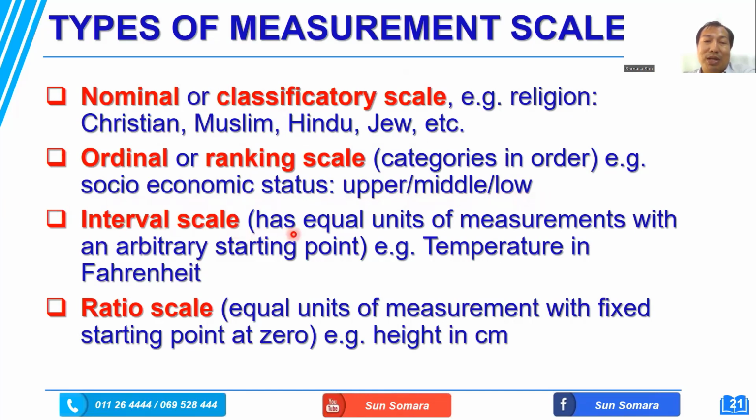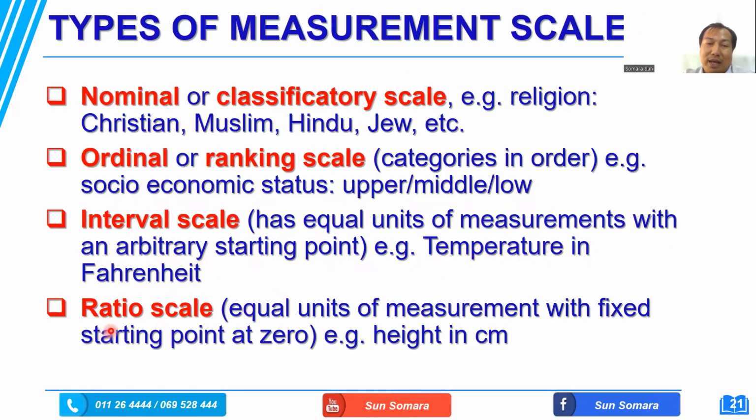Interval has equal units of measurement with an arbitrary starting point. It can be like temperature in Fahrenheit. We treat the starting point as arbitrary, like in the middle, and then it goes up or down depending on the situation or condition.